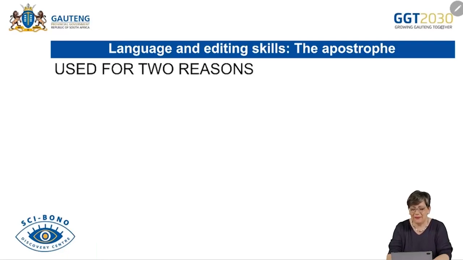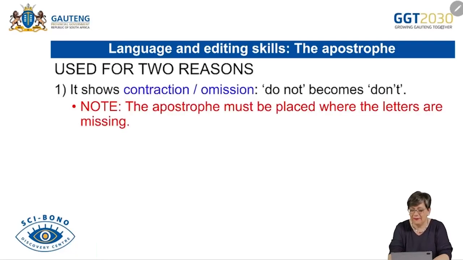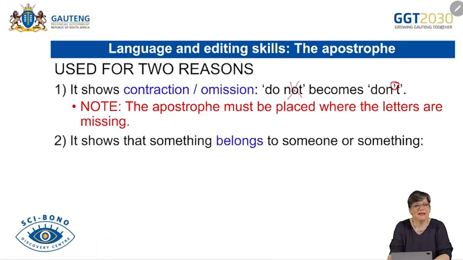And the apostrophe is then placed in the place of the letter that's missing. So if you look on your screen, you'll see we've replaced the O and we replace it with a little apostrophe. That's easy. But we're also using the apostrophe to indicate that something belongs to someone or something. We can say it's Sam's book, or we can say the players' uniforms.